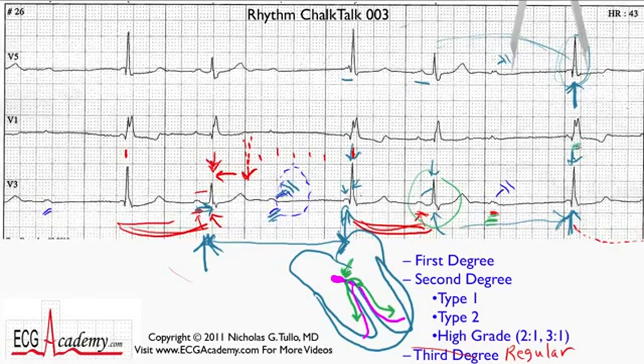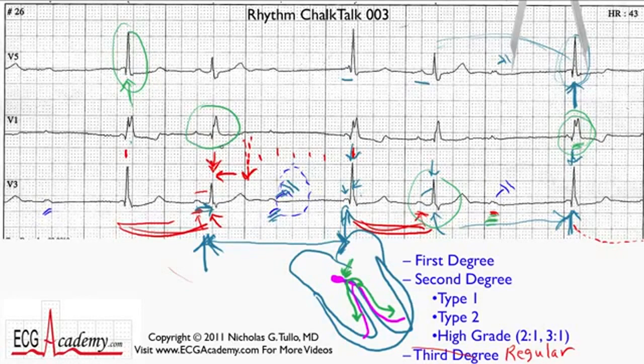And that's what's responsible for the change in the morphology of the QRS. So to put it in plain English, this beat is not a junctional escape, but it is a bundle branch escape or a hemifascicular escape focus, and that's what makes it look different from the conducted beat.